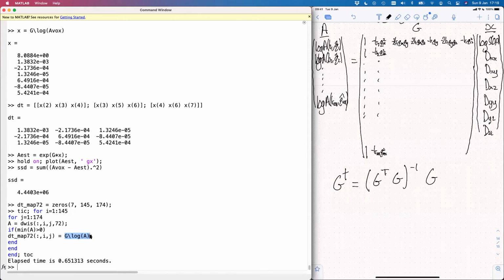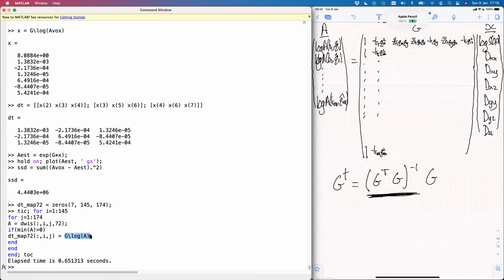But the inefficiency is that, of course, G never changes, and we are performing this relatively expensive matrix inversion operation every time round this loop. So we're doing it 145 times 174 times, whereas actually the answer comes out the same every single time.